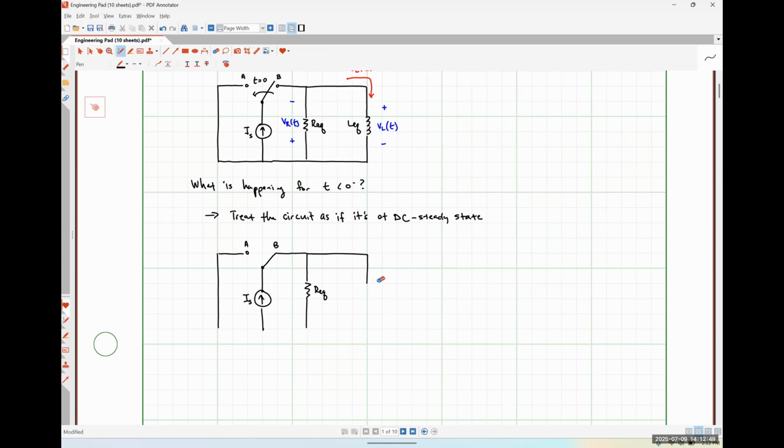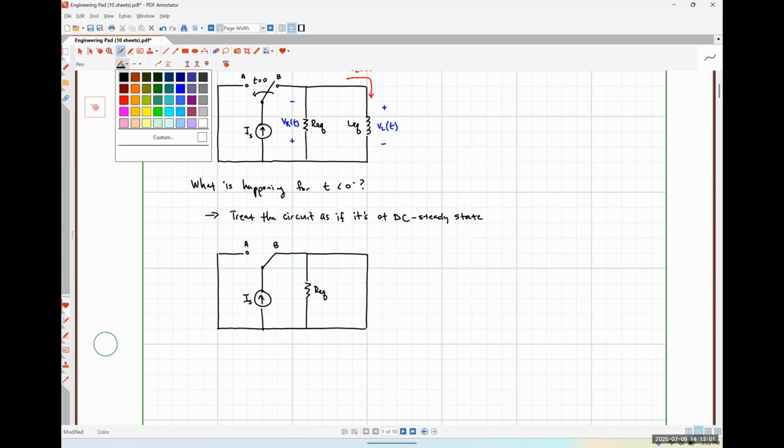Actually, my inductance should be drawn as a short circuit. I mentioned that a moment ago. We're drawing the inductor as a short because we are at DC steady state. This is going to be my inductor current, and I'm going to label this as IL at 0 minus.